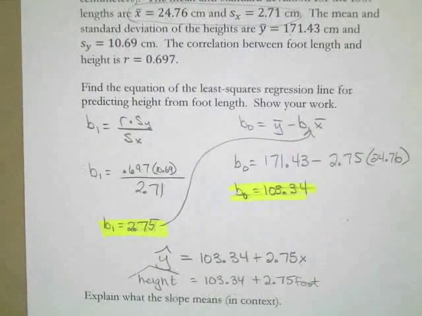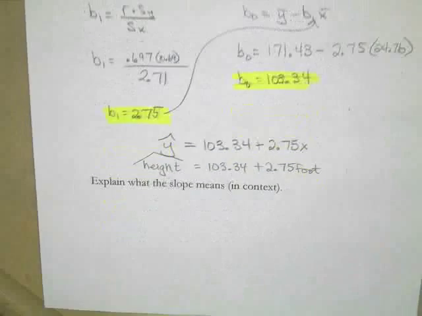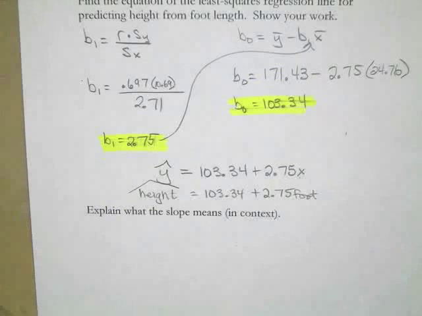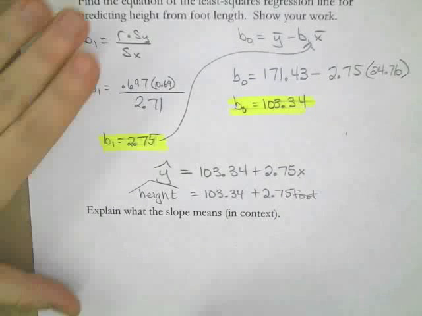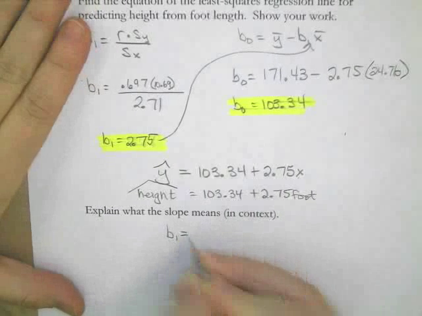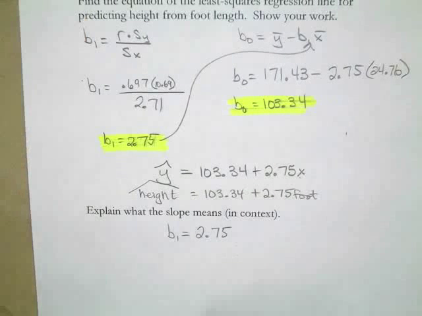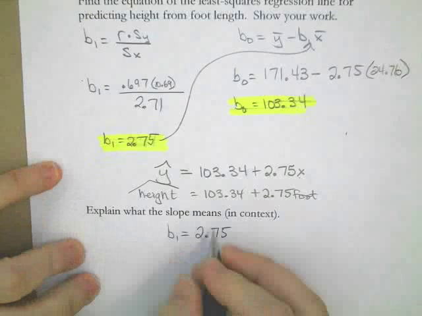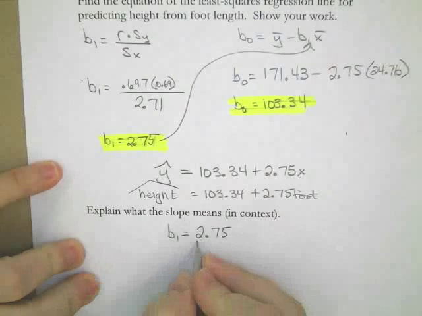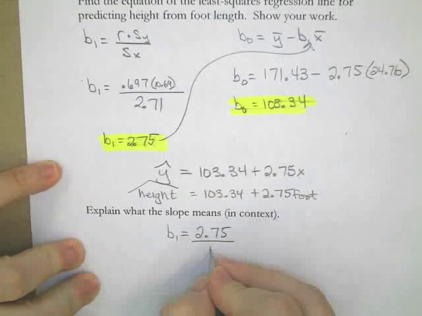Now the next question is, you need to be able to state the slope in context. My slope is b sub 1, which is 2.75, which means 2.75 over 1. And so there's a couple ways you could do it.